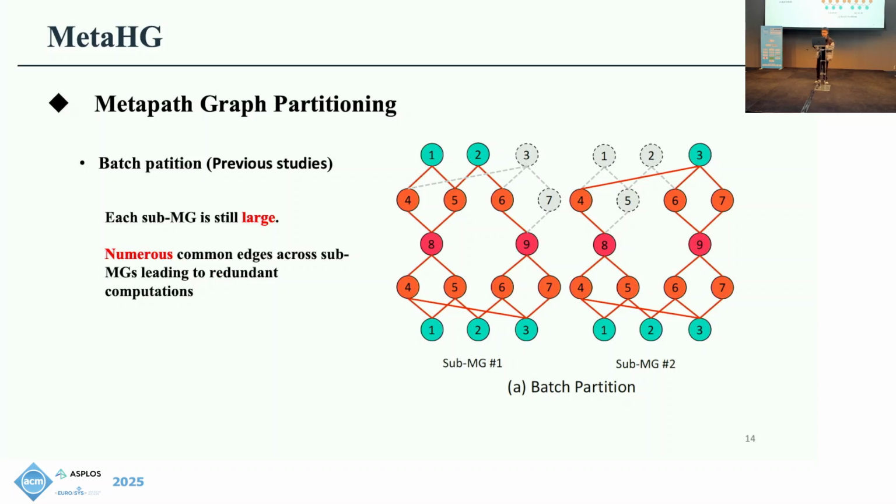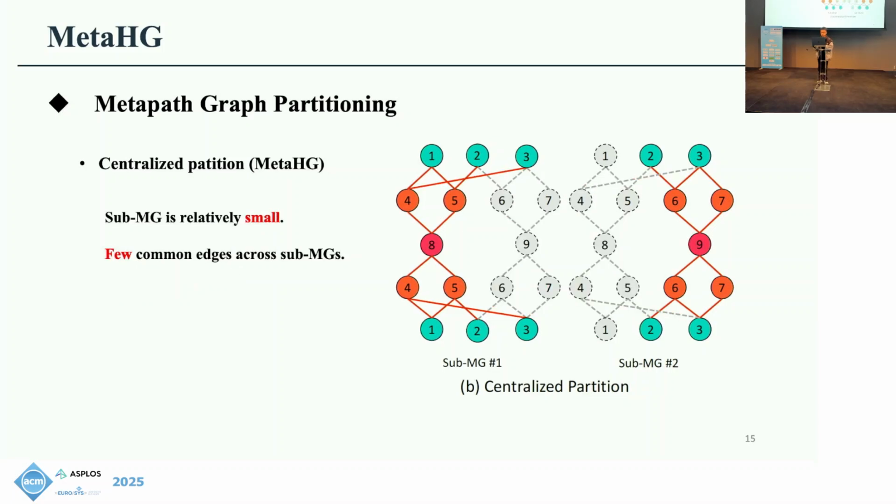First, each sub-MG is still large, as we can see from the figure. Both of these 2 sub-MGs are as large as the initial graph, just with a few fewer edges. Second, there are numerous common edges across different sub-MGs, leading to substantial redundant computations during encoding.